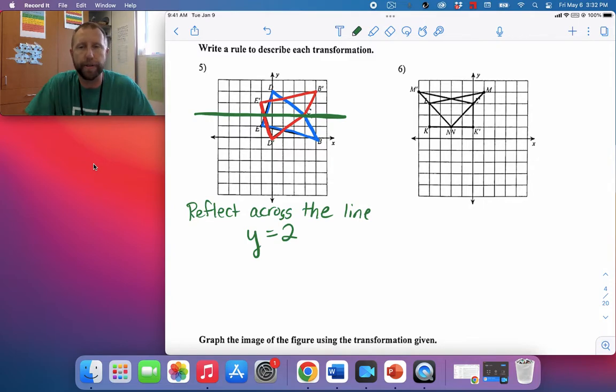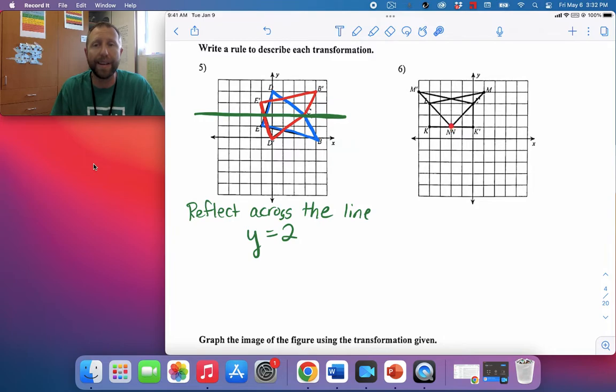So let's check your answer. For number 6, you should see that this time the points aren't in line vertically. The points are in line across each other horizontally, right? M and M prime you can see right here. K and K prime right here. N and N prime, they don't move at all.